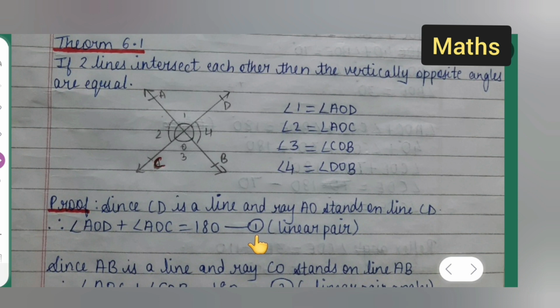Take it as equation 1, because of the linear pair, over here and here.